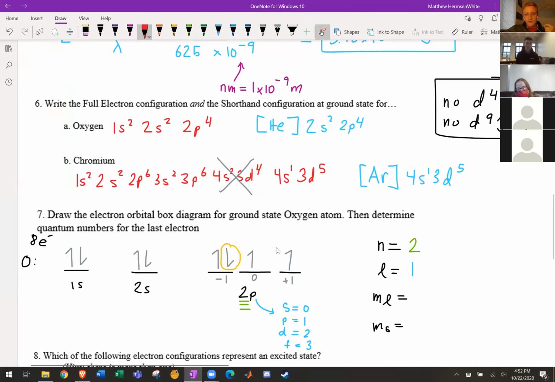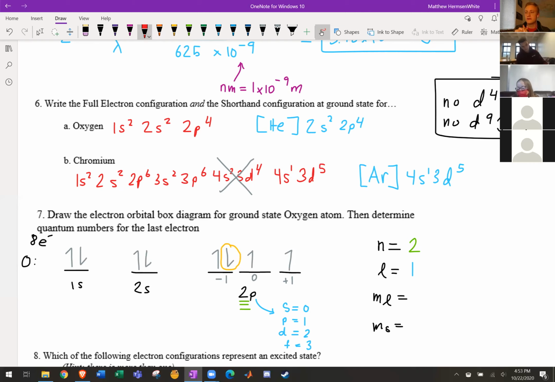Who remembers how to find the ml quantum number? Isn't it like negative l to positive l? So in this case, it'd be -1 to 1. Very good. That's the span. It has to be one of the numbers -1, 0, or +1.